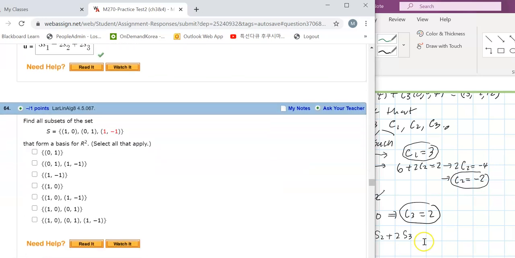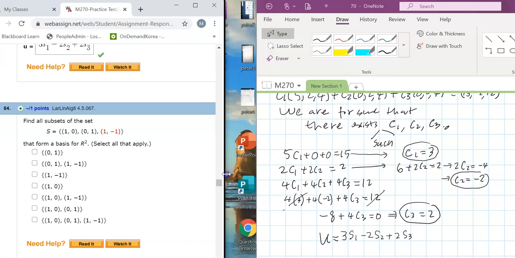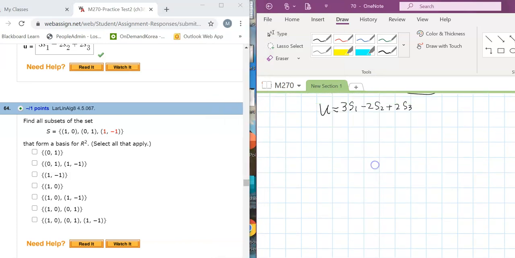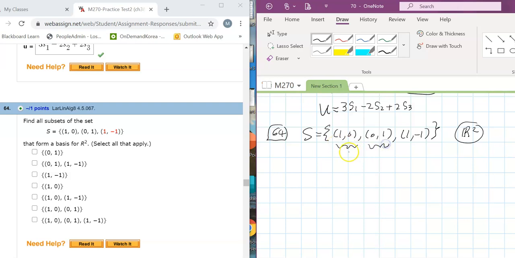Well, if you look at 64, it says S is a set consisting of 3 vectors, 0, 1, and 1, negative 1. Now, because it is R2, one is extra. If I call them V1, V2, V3, what are the bases?